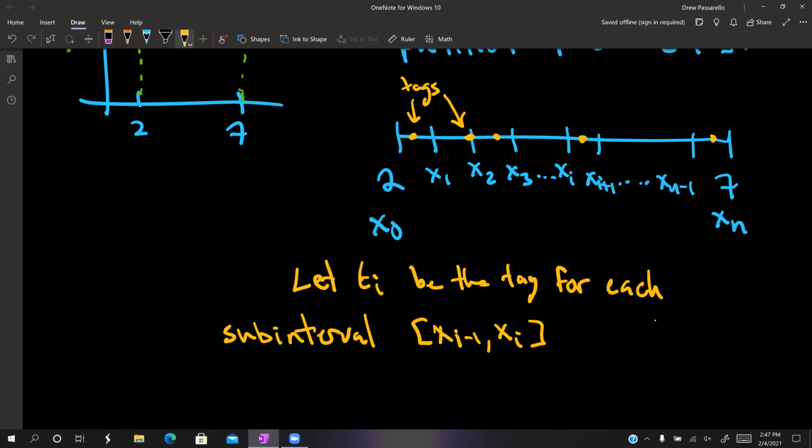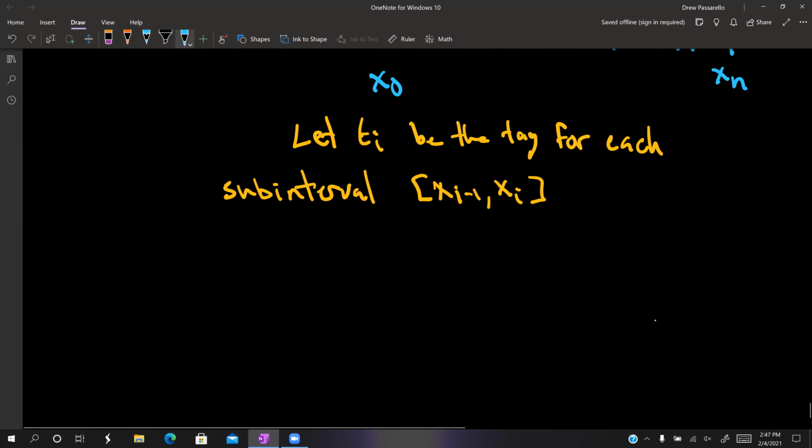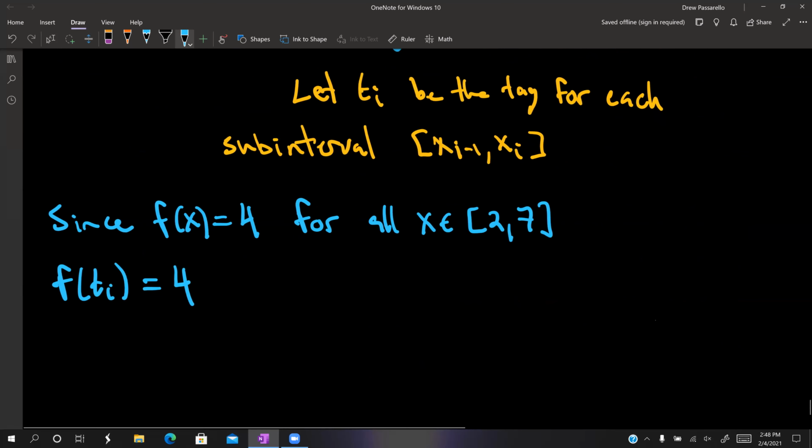All right, so let t i be the tag for each of those. So we know our function gives us 4 for whatever value of x. Since f of x equals 4 for all x in 2 to 7, then f of t i is equal to 4 for all our tags.